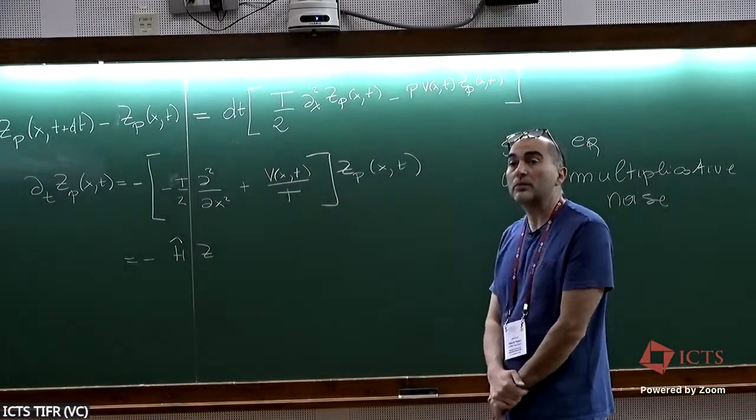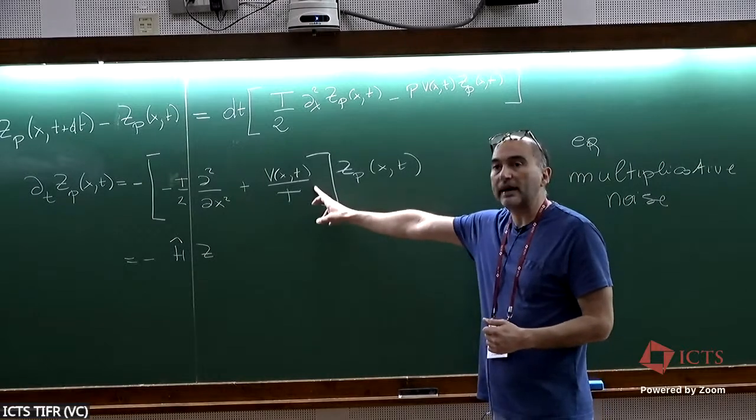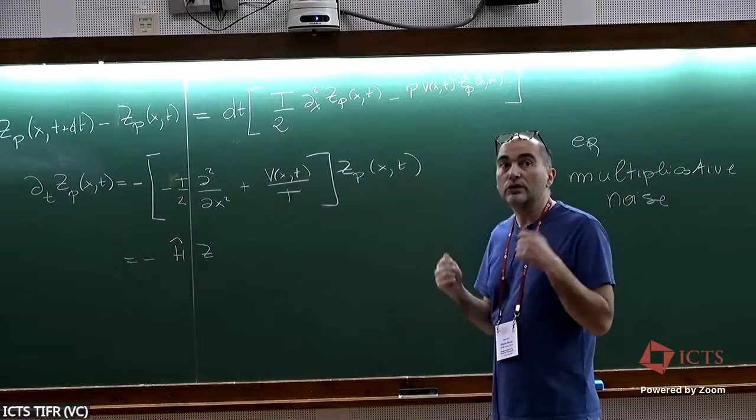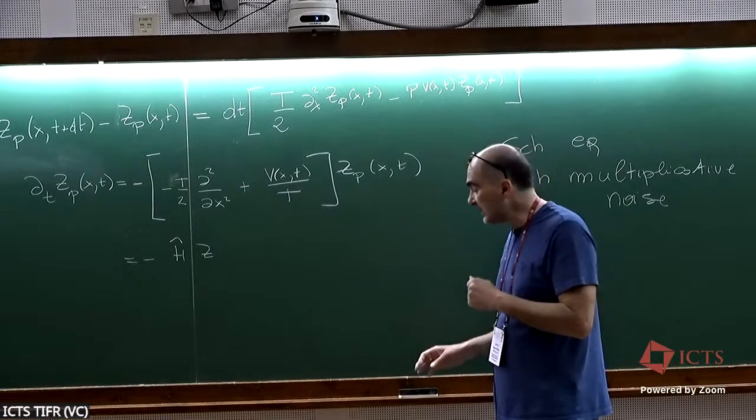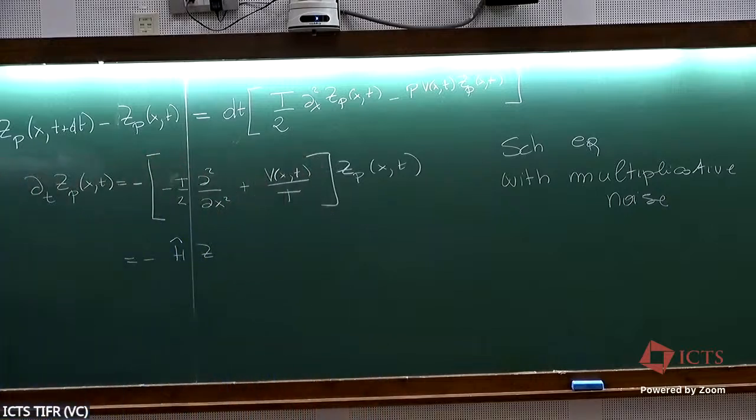Now the problem we have is that it's stochastic, but also that it is time dependent, okay? Usually, you solve the Schrödinger equation with a time-independent potential. Let me erase maybe this part, which is more technical.